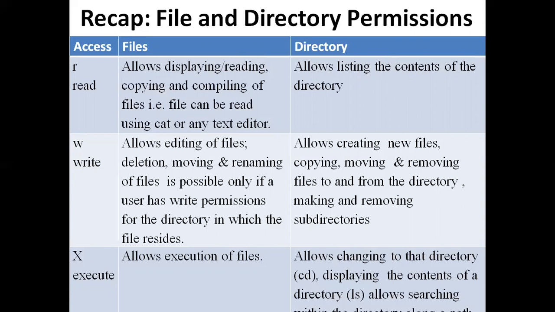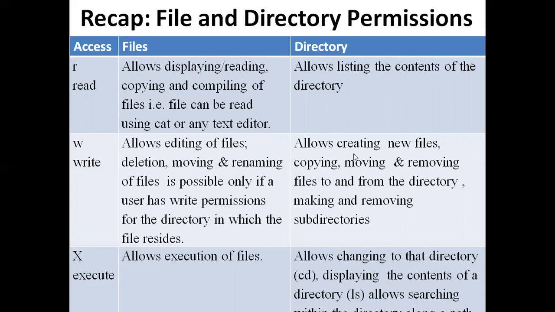If we use write permission for a file, it means editing of the file is allowed. Deletion, moving, and renaming of files is possible only if the directory in which they are lying has write permission.